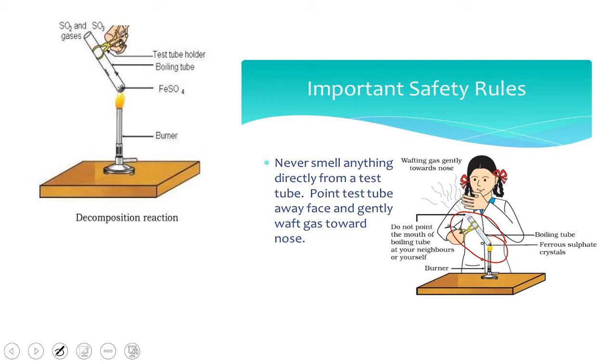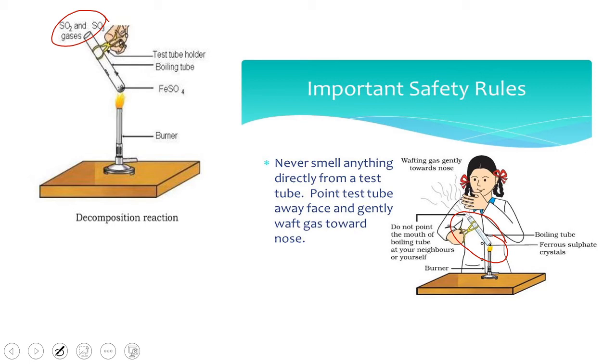Some of the gases may be toxic. So point the test tube away from your face, and not towards your neighbors or yourself. What gases are liberated in this activity? Sulfur dioxide and sulfur trioxide gases are liberated.